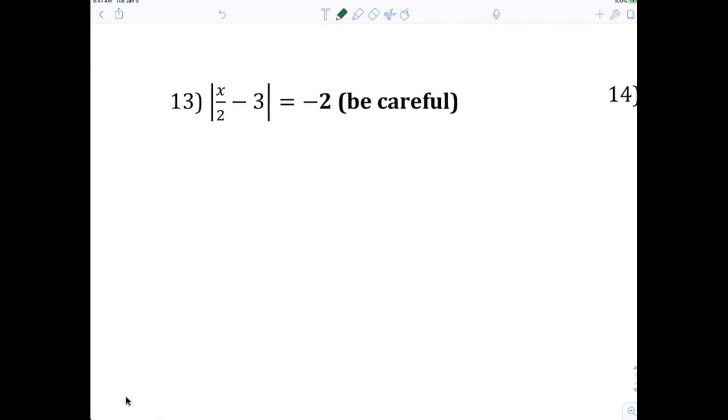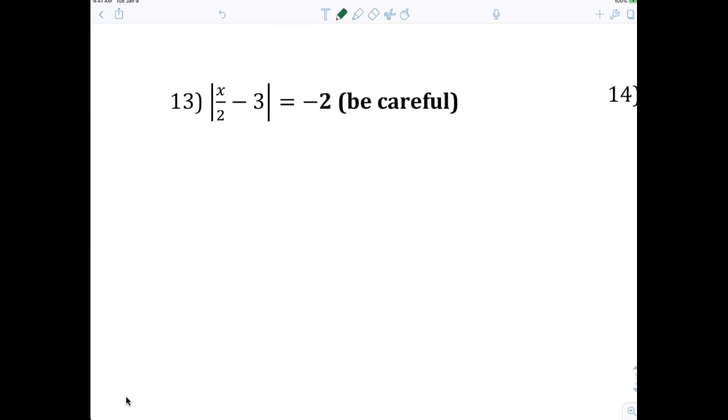All right, let's check out 13. Uh-oh. This one you have to be careful on for a reason. Who's brilliant? You're all supposed to raise your hands. Since you're all brilliant, who can tell me what the answer is?